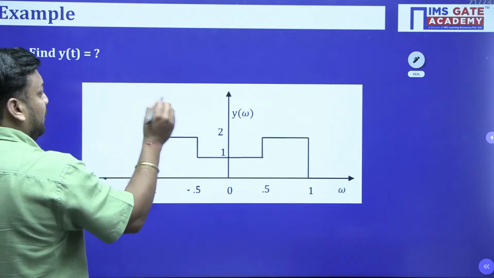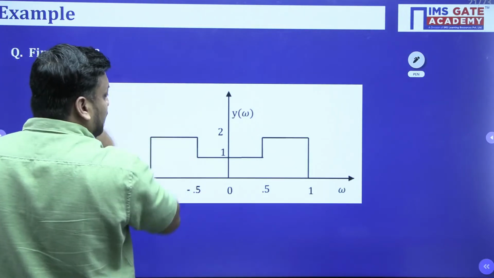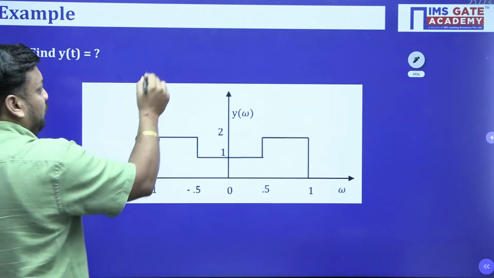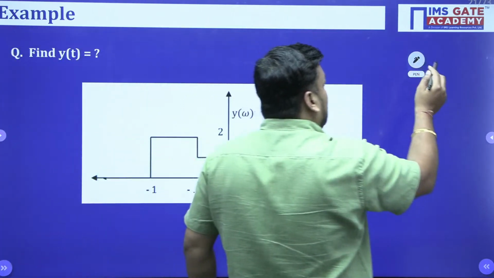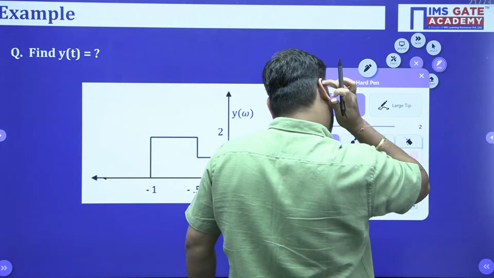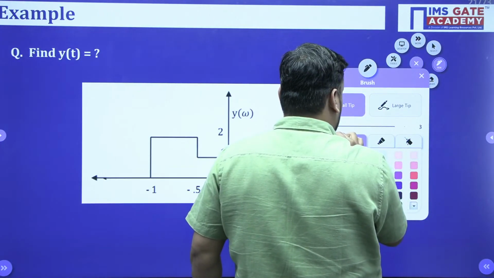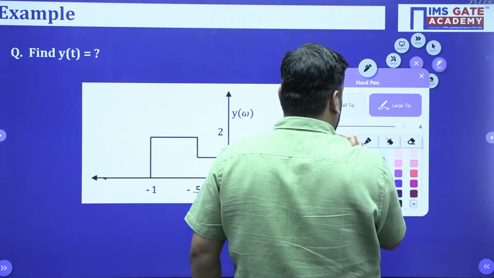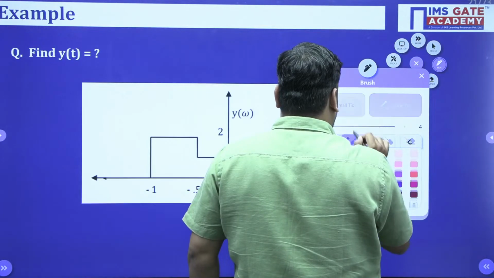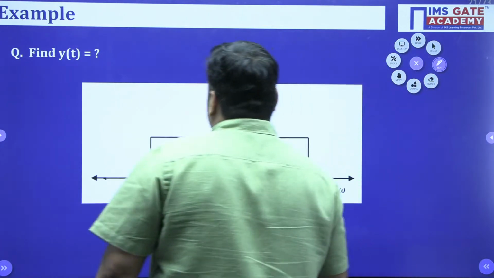First of all, tell me, can I write y omega as the combination of two diagrams? So I am making the two waveforms here.